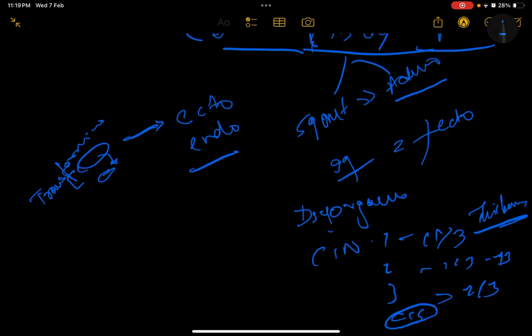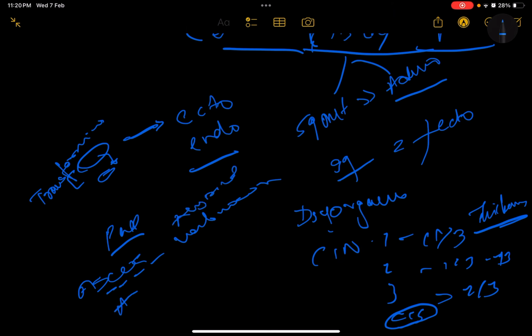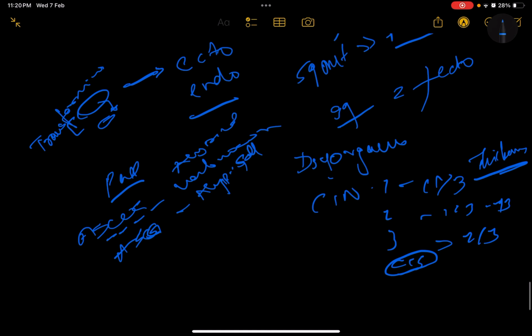Once we've got that, a few cells that I want to speak about on Pap are these. First I always start with ASCUS, all right, because it's atypical squamous cells of unknown significance. Very important: atypical, unknown. Then we've got ASC-H, atypical squamous cells, which is basically ASCUS, but ASC.